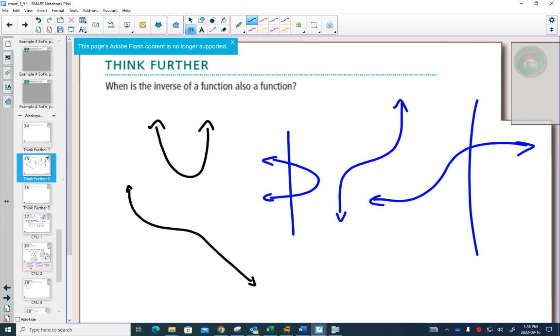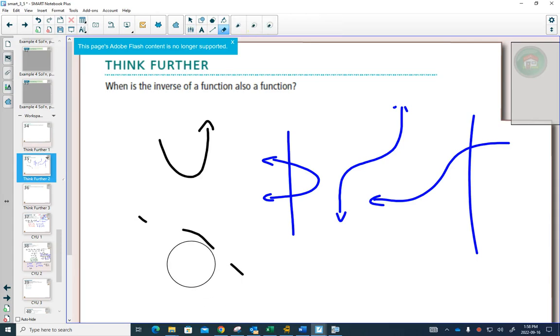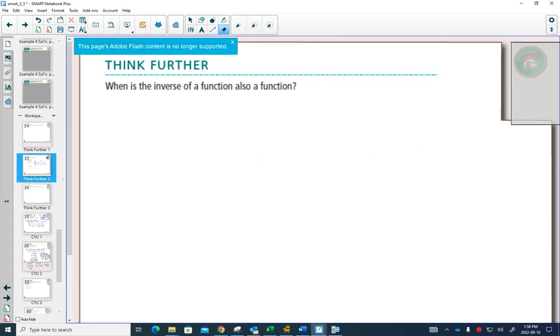Yes. What is the trick to being able to tell looking on the original one? The trick is very similar to the vertical line test. We can use the horizontal line test.